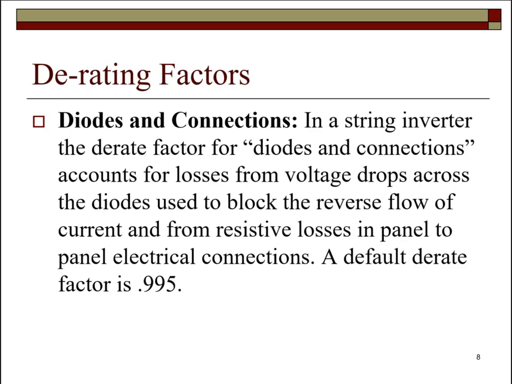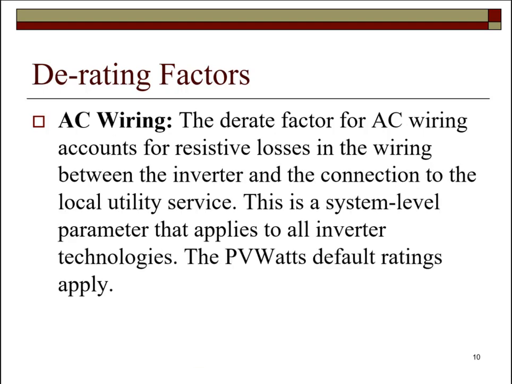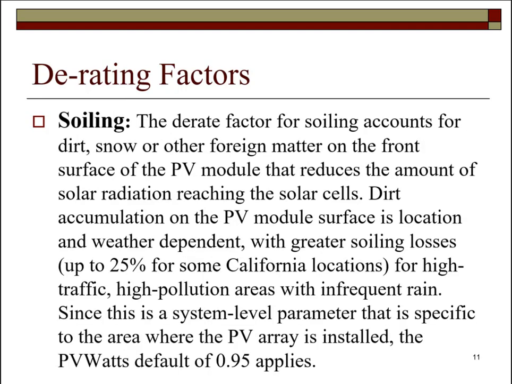Diodes to block or direct the flow of electrons and connections all add electrical resistance and inefficiencies. We're all aware that wiring in an electric circuit adds electrical resistance, heat, and inefficiencies. Both DC and AC wiring add resistance and inefficiencies.